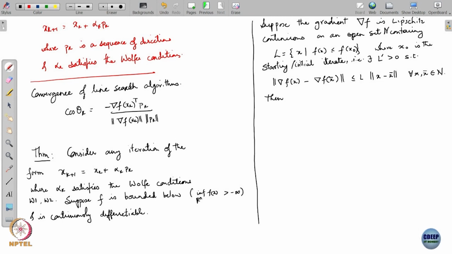Then what does it say? Well, then it says that the sum of cos squared theta_k times the norm of the gradient of f at x_k, squared, is finite.